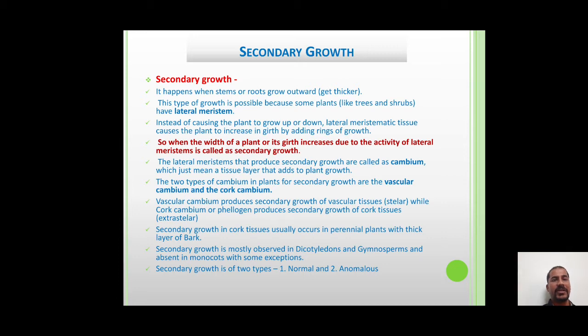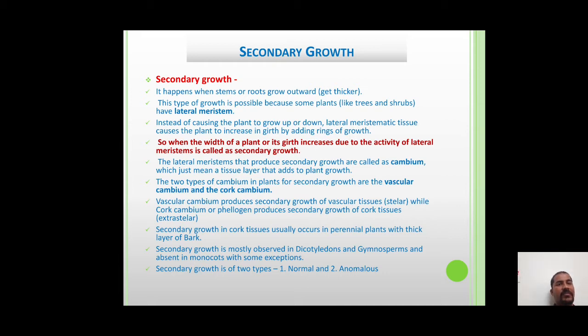The lateral meristems that produce the secondary growth are commonly called cambium, which just means a tissue layer that adds to the plant growth. The two types of cambium in the plants for the secondary growth are the vascular cambium and the cork cambium.